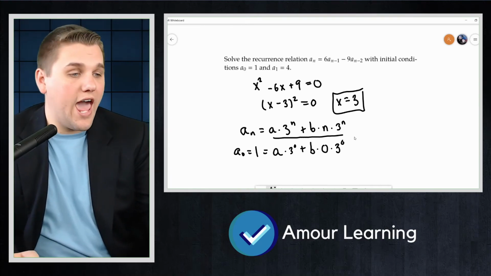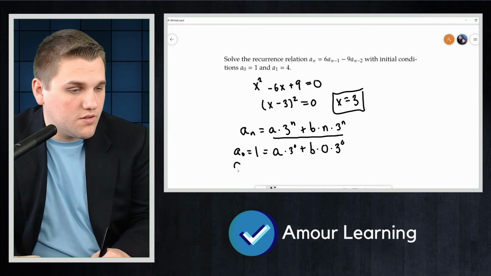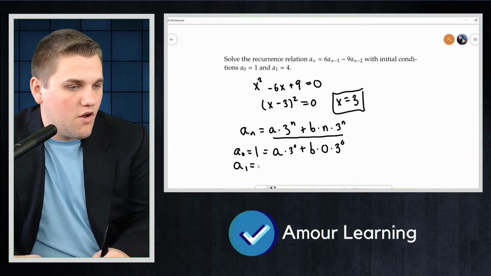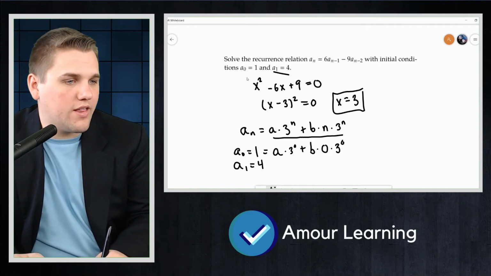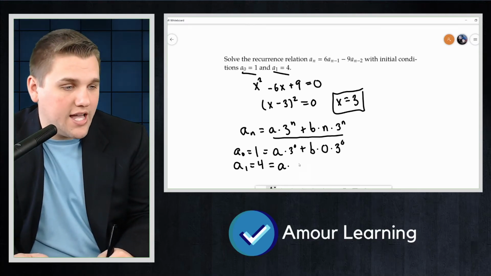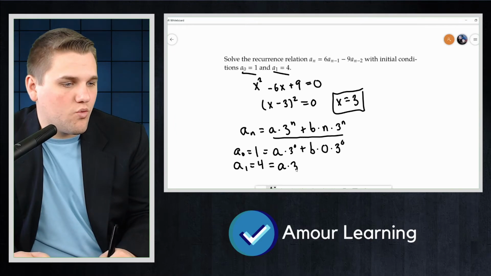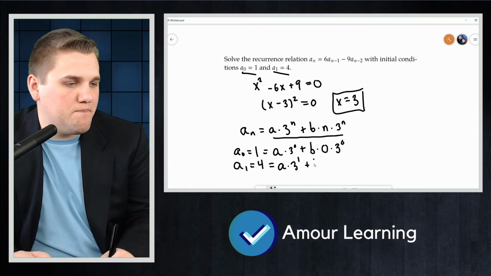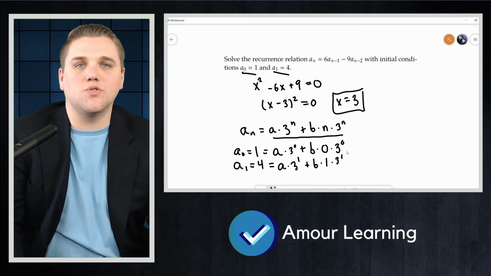We also know that a1 equals 4, which is a times 3 to the 1 power plus b times 1 times 3 to the 1 power, because n is 1.